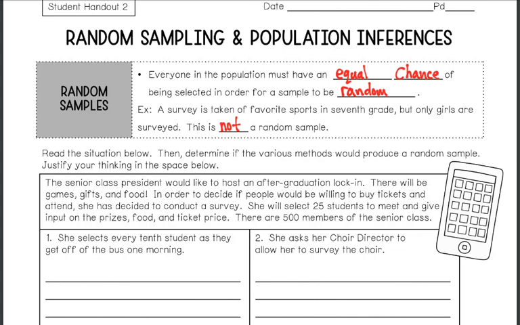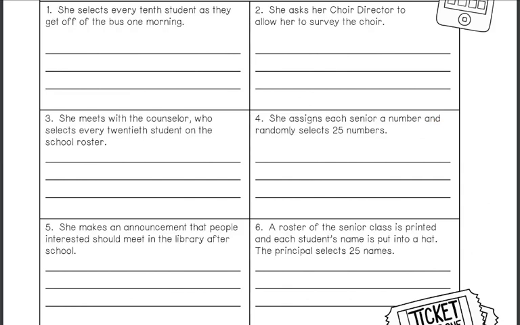But if I look at this information, I have to determine whether or not this is going to be a random sample. So I'm going to go to the next slide so I can see all of my questions. The first one says she selects every 10th student as they get off the bus in the morning. Is that going to be a random sample of the population?